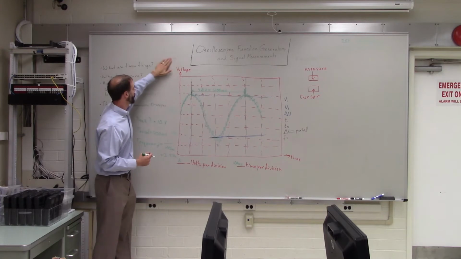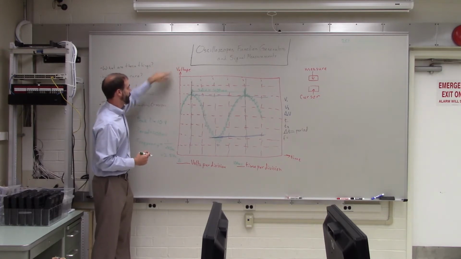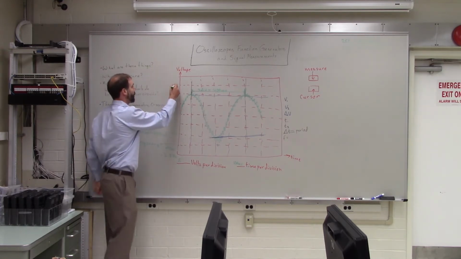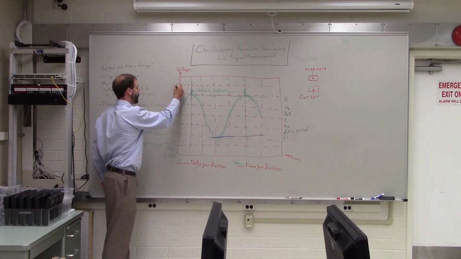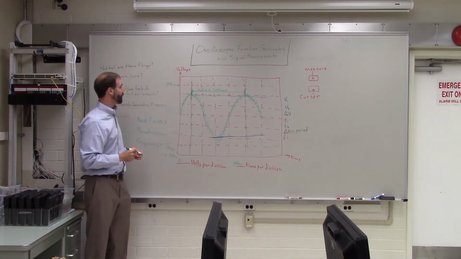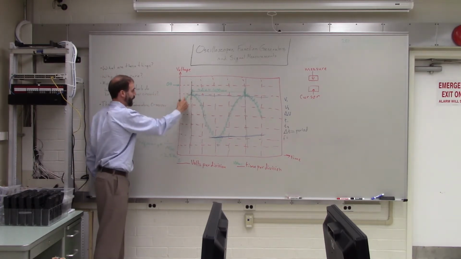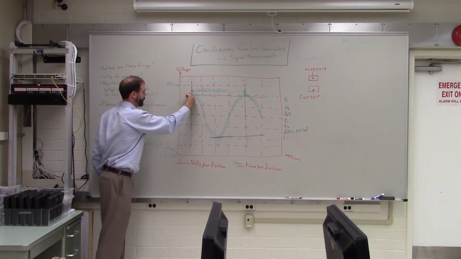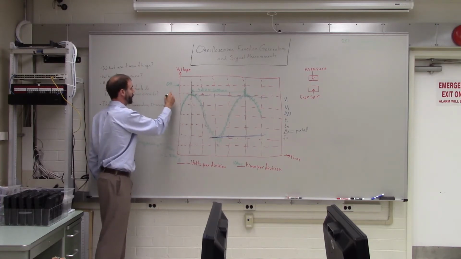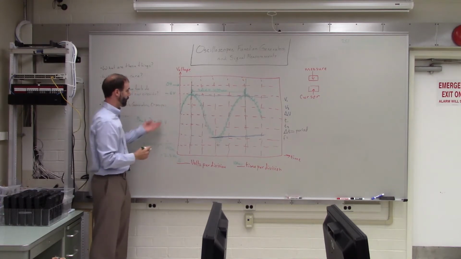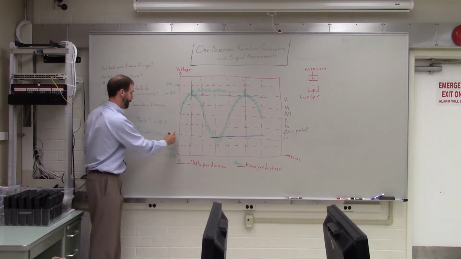So let's say that the 0 level was right there. What would be the maximum amount of voltage that I was getting? Suppose we're back to the nice clean signal and it was going up there. -5? Yeah, exactly. So this would be -5 volts. And what would be the lowest voltage down here?